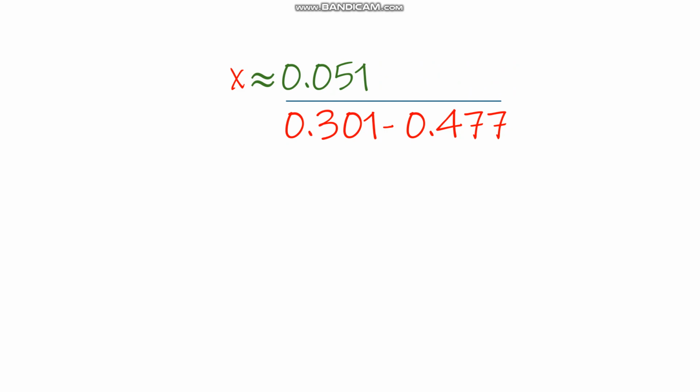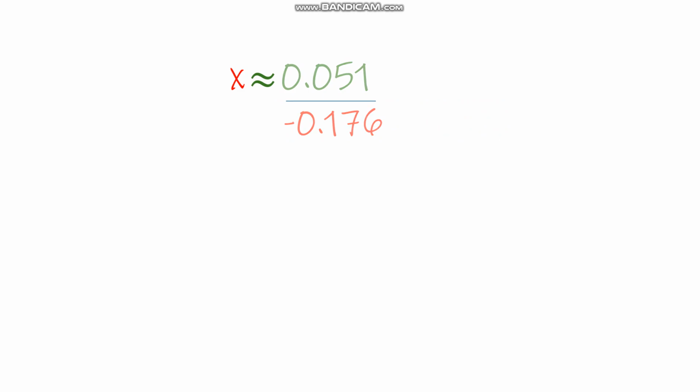And the bottom will be a negative sign since the left side is smaller. So it will be negative 0.176. And then we divide these two. We're going to have approximately negative 0.290, which is the same as negative 0.29.